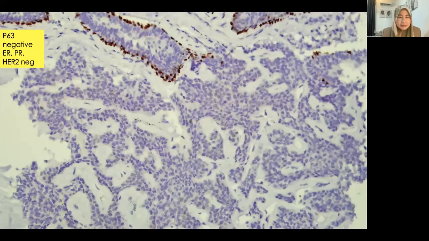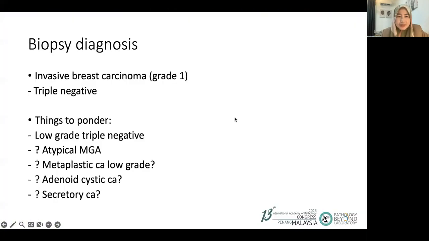Then we proceed with P63, which is totally negative in tumor cells, with a nice internal control here. ER, PR, and HER2 are all negative. But the biopsy diagnosis came out as invasive breast carcinoma grade 1, triple negative.